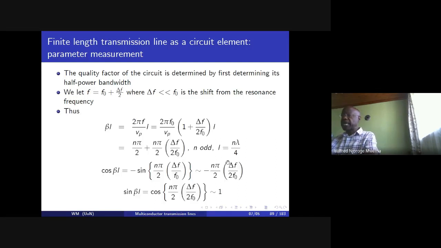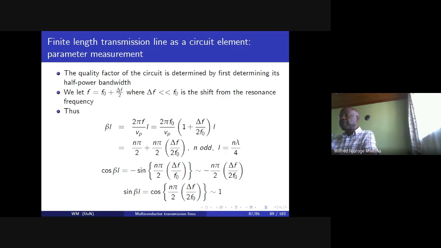And therefore, beta L can be expressed as twice pi f divided by the phase velocity multiplied by L. And we can write that as twice pi f0 over Vp into 1 plus delta f over twice f0, multiplied by L.